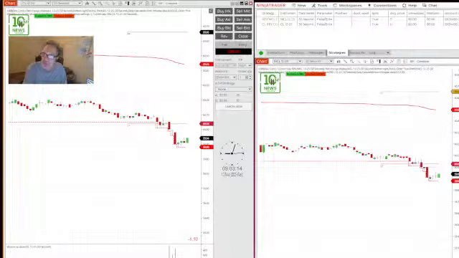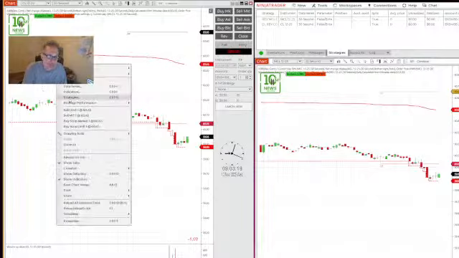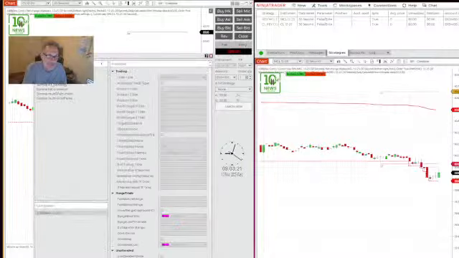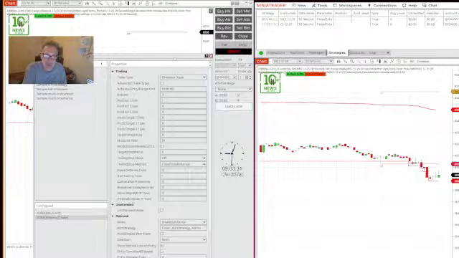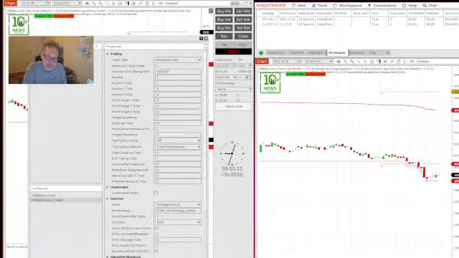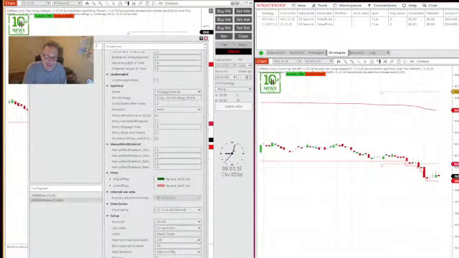Second thing, when you set up a trade, right click strategy. Set up a new trade just for fun. News trader. Double click. Just leave everything the way it is and look down. I can't stand the line.